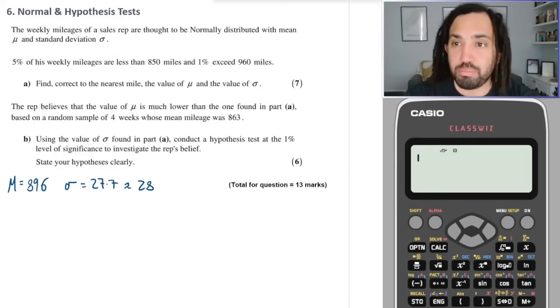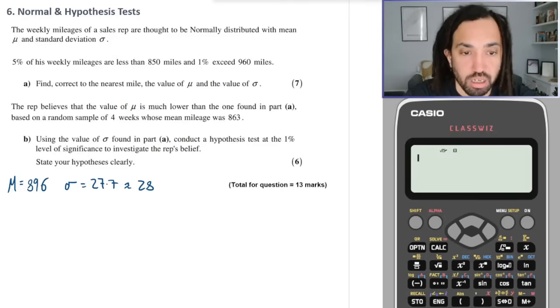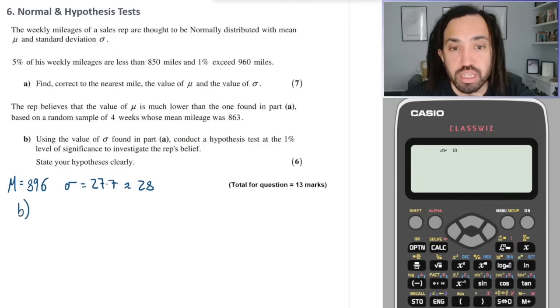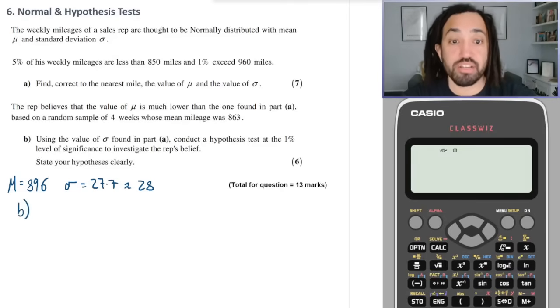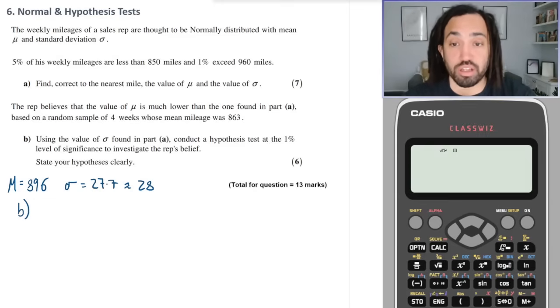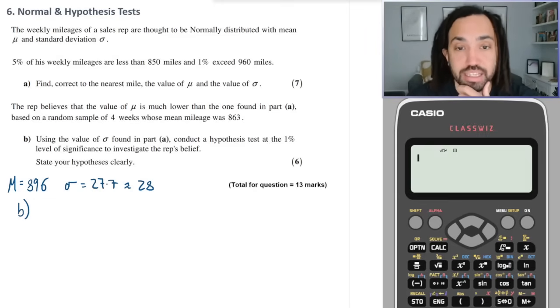Okay, part B, and we are hypothesis testing, and it says that the rep believes that the value of mu is much lower than the one found in part A, based on a random sample of 4 weeks whose mean mileage was 863.